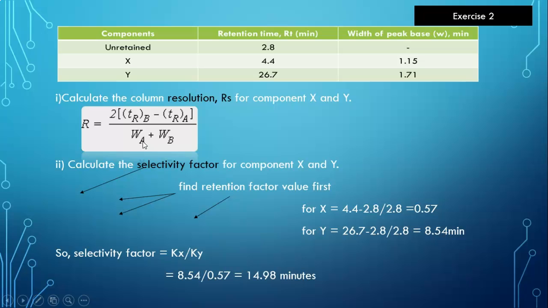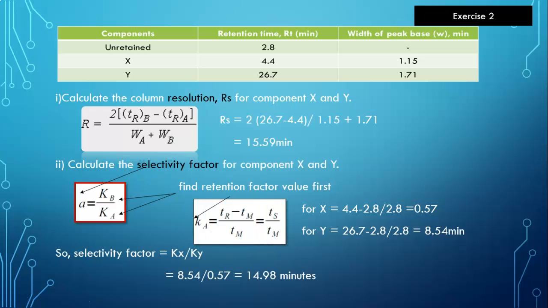And divided by width of A plus width of B. So you will get the resolution as 2 times 26.7 minus 4.4, divided by 1.15 plus 1.71. So you get 15.59, okay.